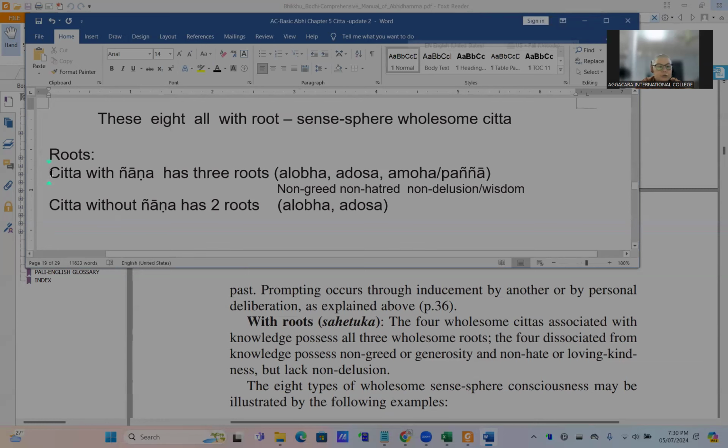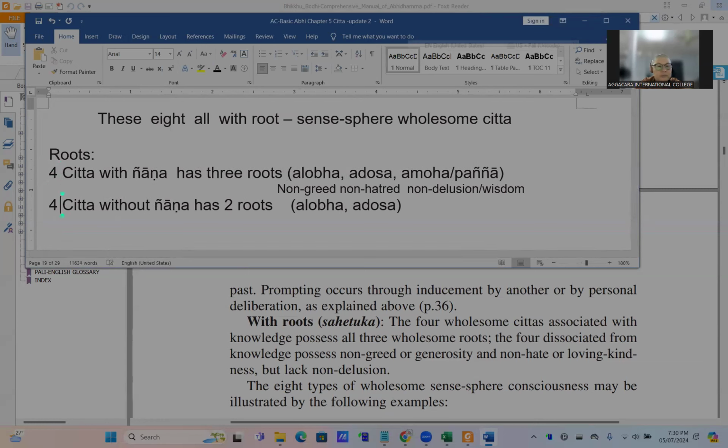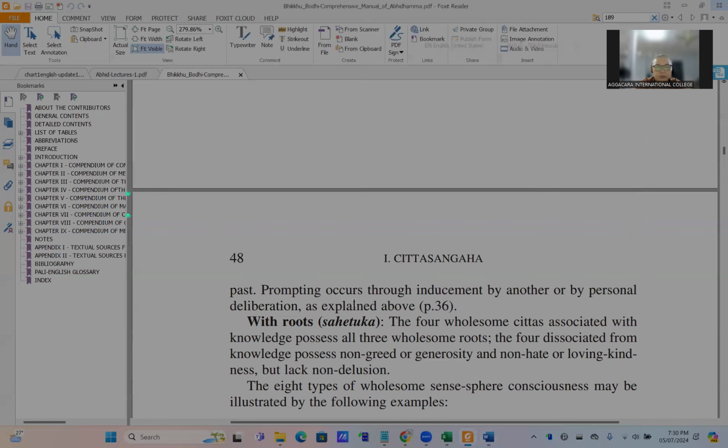Without the citta also 4. So you have 4 here, 4 here, totally 8 with the mahakusala. With jnana means jnana sampayutta. Without jnana means jnana vippayutta. All right. So non-greed, non-hatred, non-delusion.